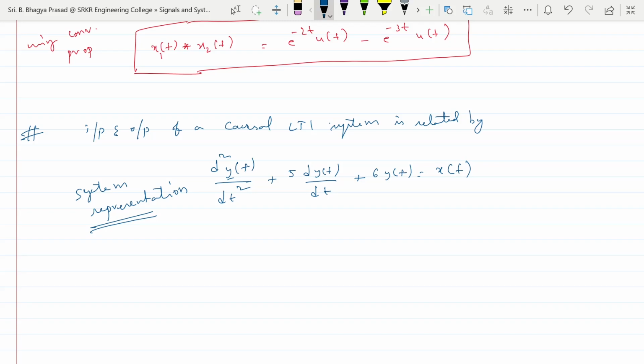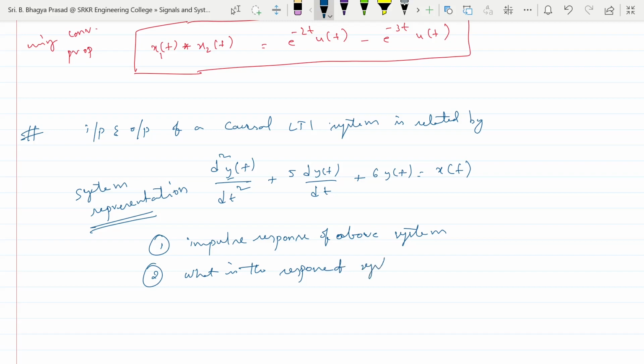The task is to find the impulse response of the above system, and second, the response of the system if the input x of t is t e power minus 4t u of t.